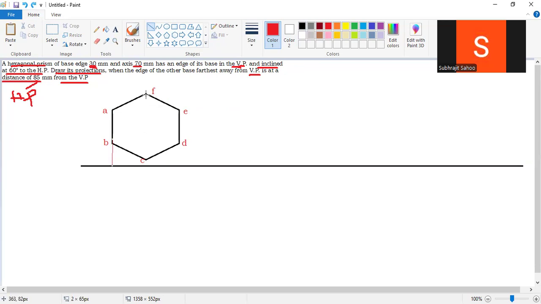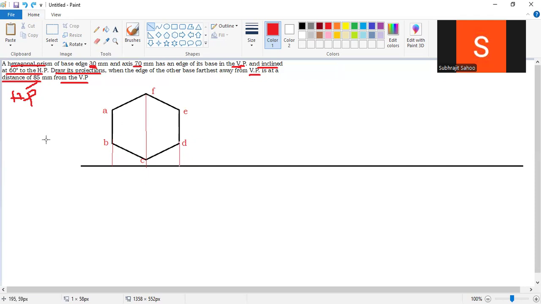From F and C also one line will come. From C and D also come.